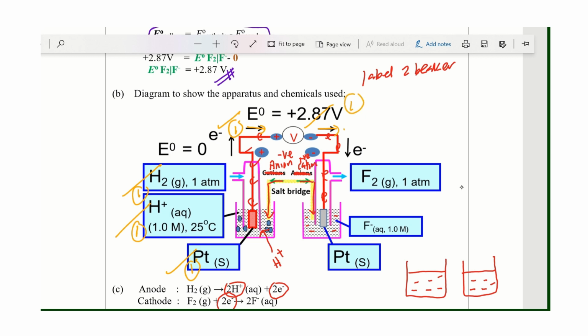And then kita punya beaker of cathode, electrolyte dia, dan juga labeling of electrolyte 1 mark. Electrode for iron, for fluorine, platinum 1 mark, and then label tube dan juga fluorine gas, 1 mark. Don't forget salt bridge also 1 mark.